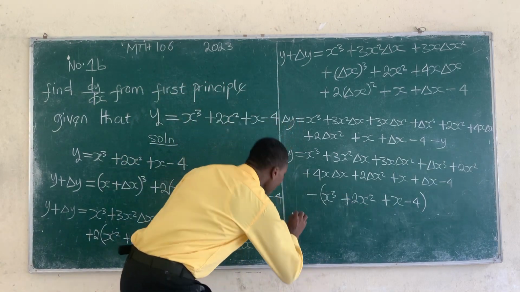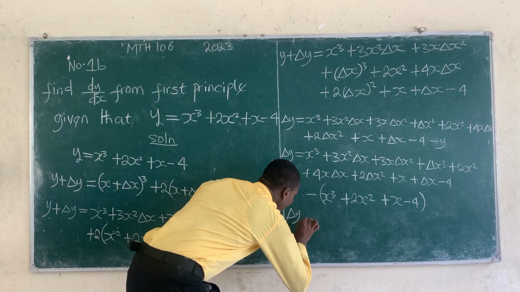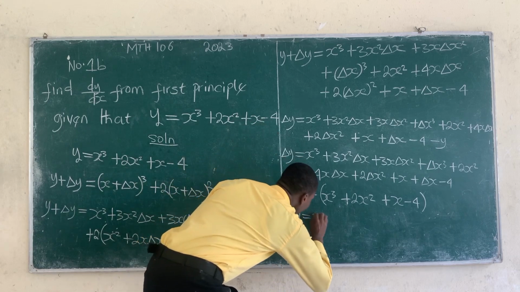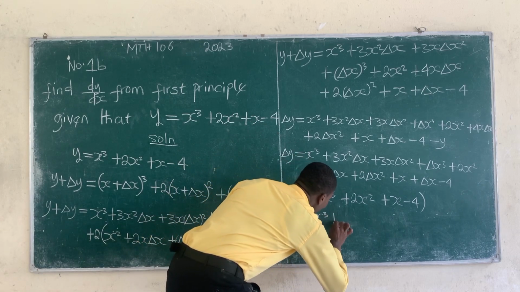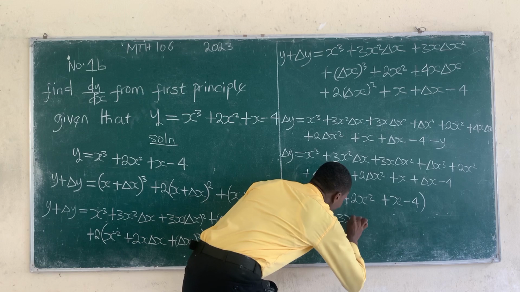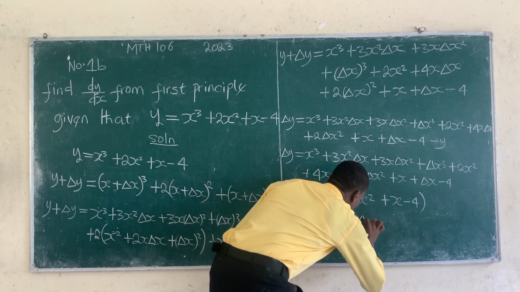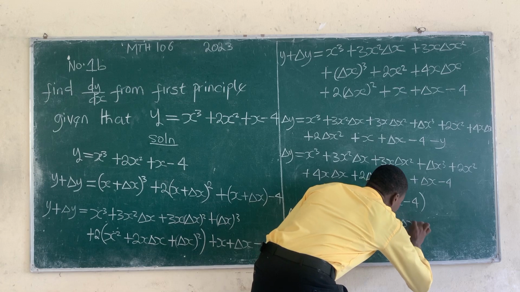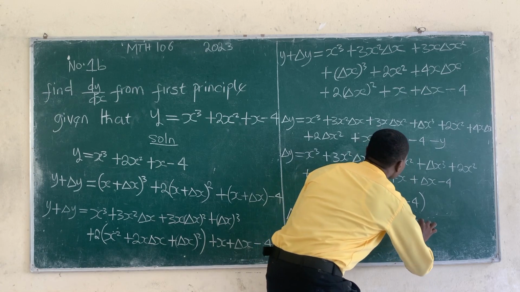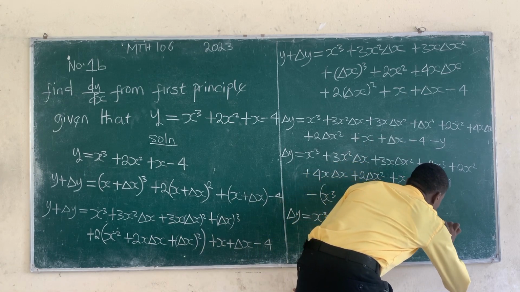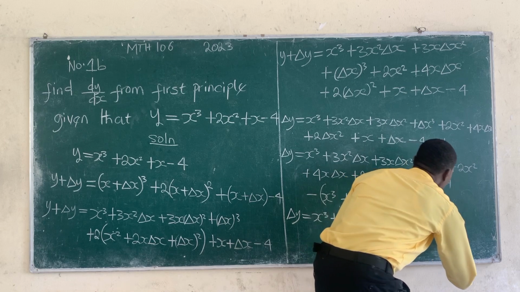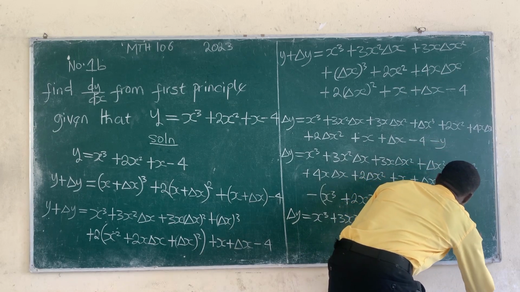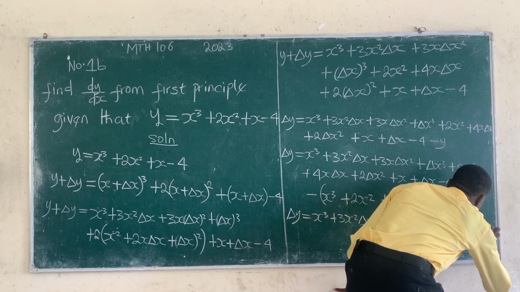Open this bracket. So what we have is increase in y equal to x cubed plus 3x squared change in x plus 3x change in x squared plus change in x cubed plus 2x squared.